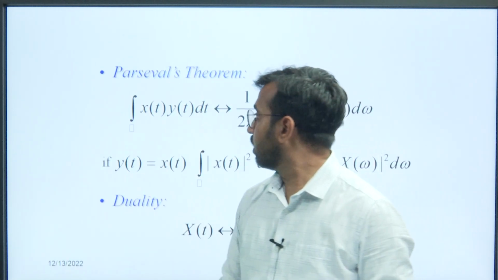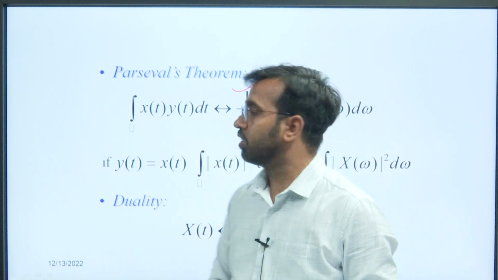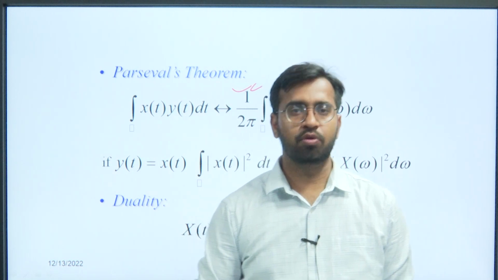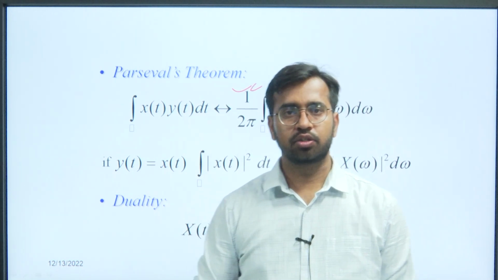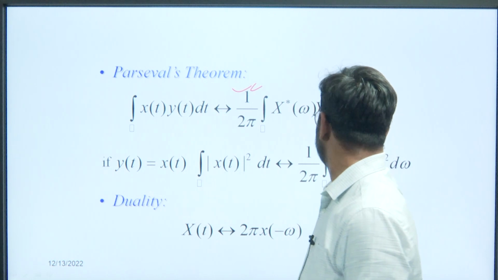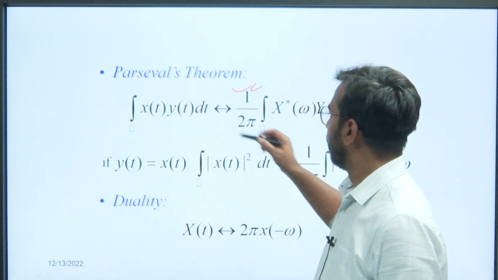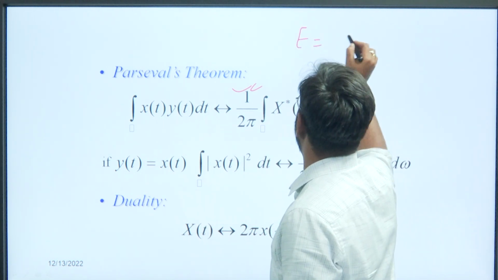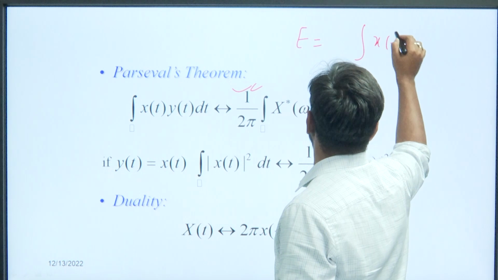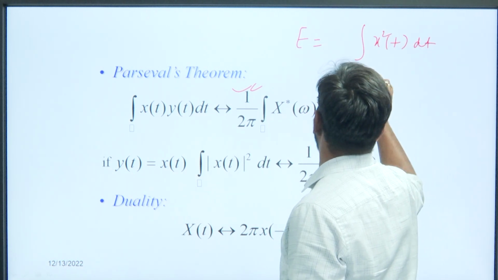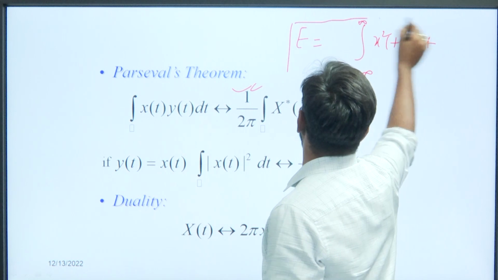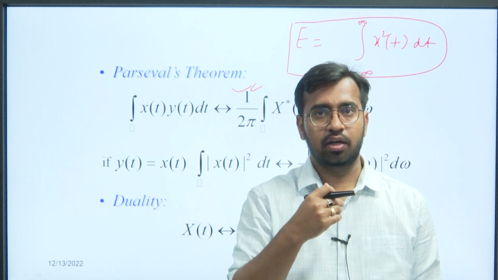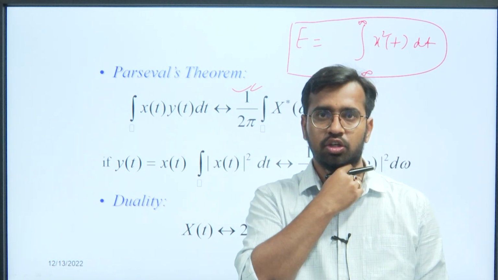Another is Parseval's theorem. Parseval's theorem is used when you are required to find the energy of a signal. In the time domain, the formula for the energy of any signal is the integral of |x(t)| squared dt from minus infinity to infinity.